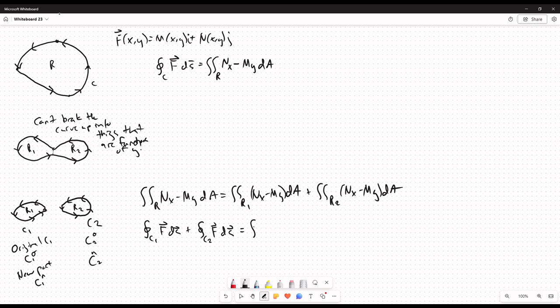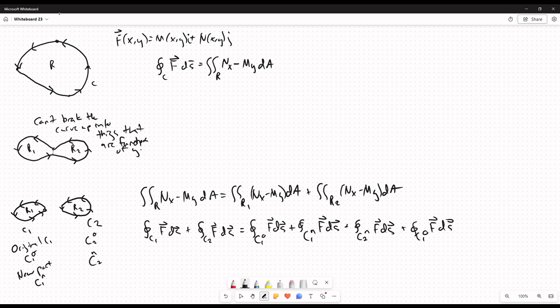This is going to equal the integral over C1 old part of F, plus C1 new part of F, plus, and I'll write this in the other order just for reasons, C2 new part of F, plus C2 old part of F.